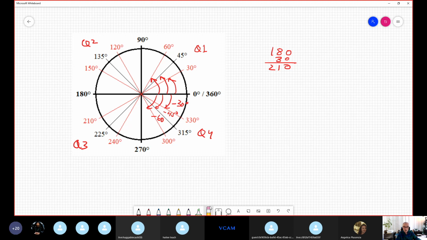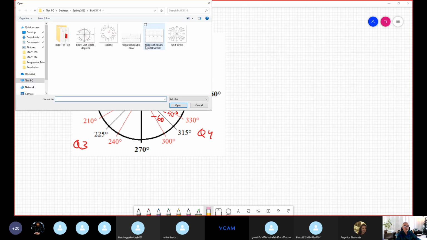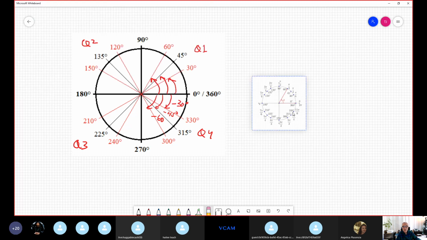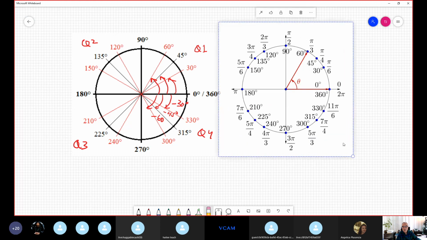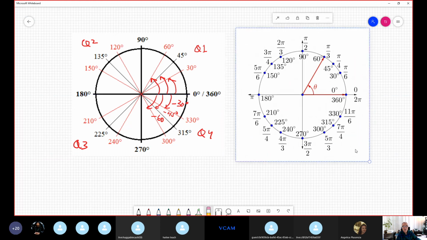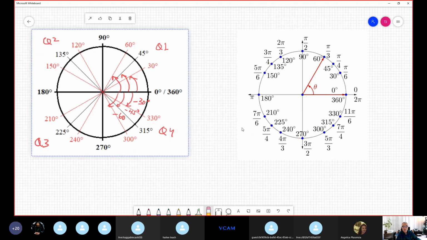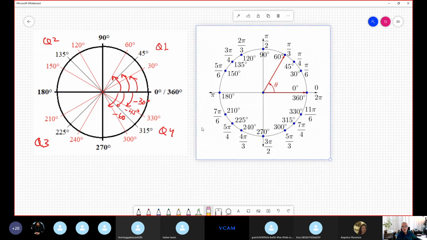Okay, I have another picture that's important to show you. This picture is in radians. Look, in radians. Compare this and this. Okay, we practice a little bit.